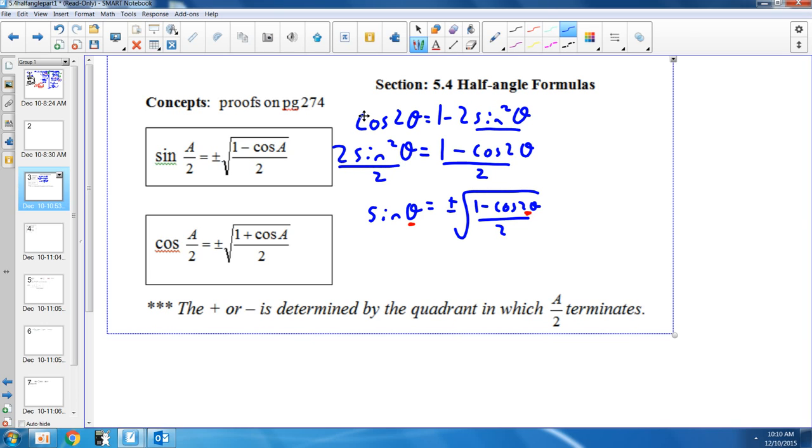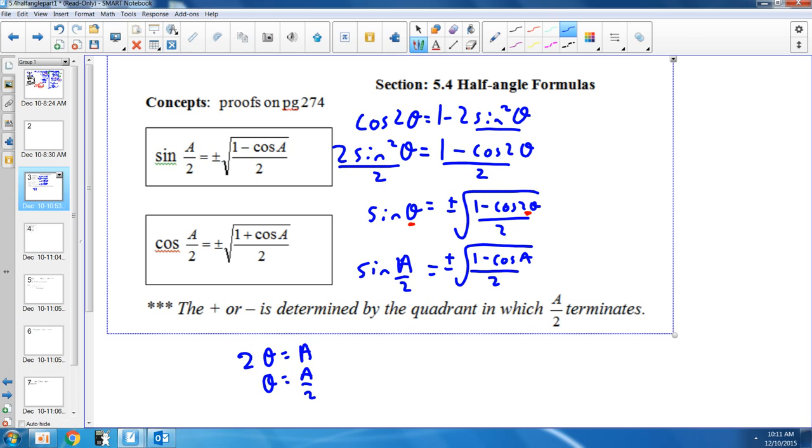Instead of 2 theta here, I'm going to replace it with an A. So I'm going to say that 1 minus cosine A over 2 is equal to sine of, and now I have to figure out what theta equals. If 2 theta equals A, then theta must equal A divided by 2.